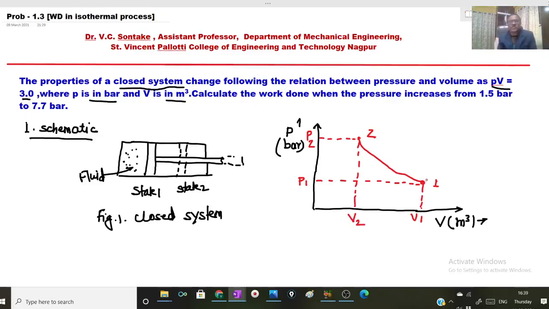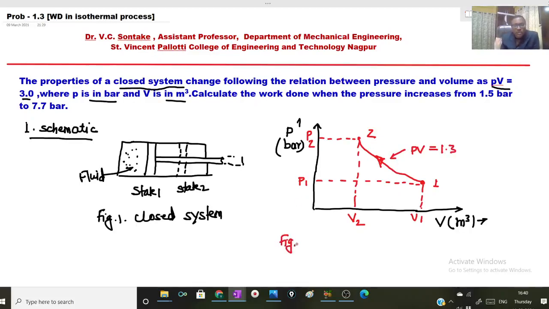Now merely representing state 1 and 2 will not be the true representation of this process. We must show the direction of the process. That means the process is taking place from state 1 to state 2, and it now represents isothermal compression, and its governing equation is PV = 1.3.